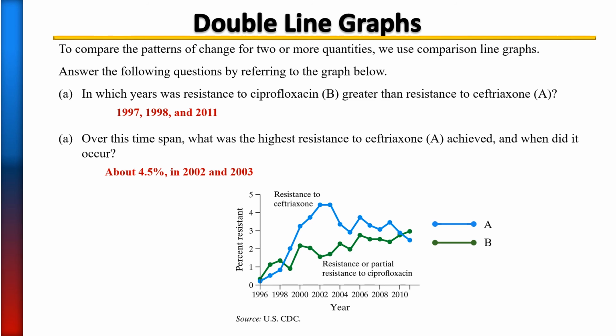So about 4.5% in 2002 and 2003. So that's just simply looking at a double line graph, being able to interpret and answer questions based on that line graph.